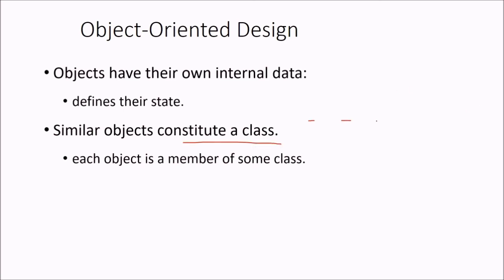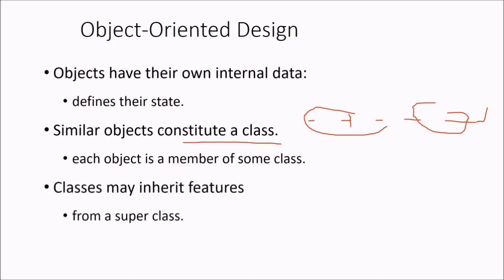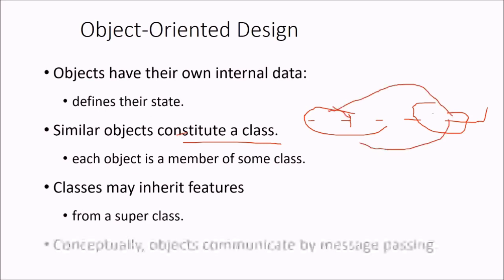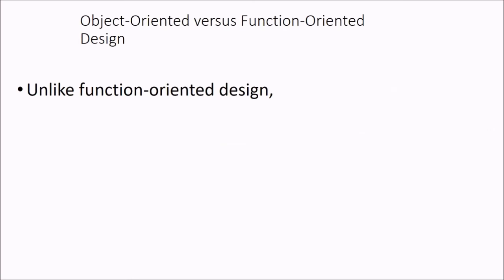If we have a number of objects, these three are similar and these three are similar, so this represents one class and this represents the other class. Each object is a member of some class. Classes may inherit features from a superclass. Objects communicate by a method called message passing.